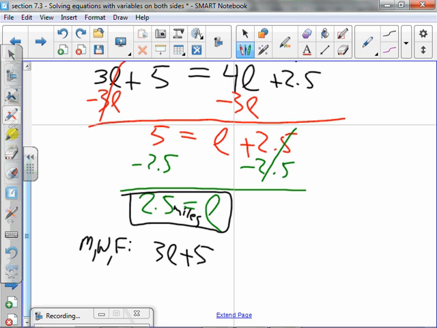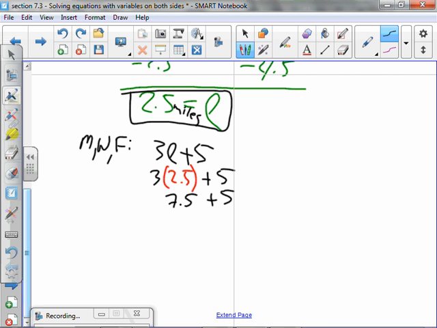L is 2.5. So I am going to say 3 times 2.5 plus 5. Well, 3 times 2.5 is 7.5 plus 5. My goodness, I run a lot of miles, don't I? 7.5 plus 5 is going to give me 12.5 miles. This is how much I run on a single day.